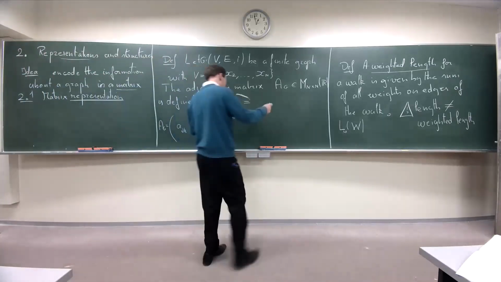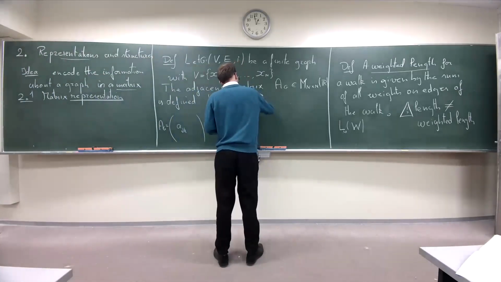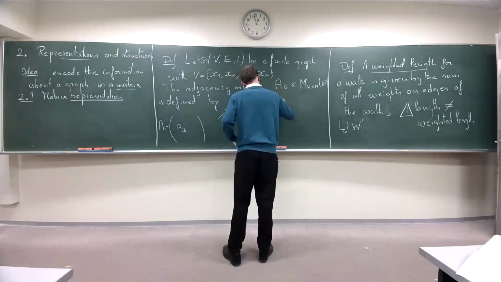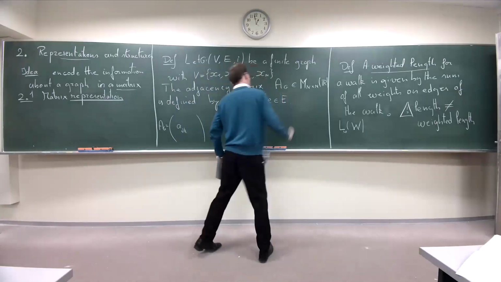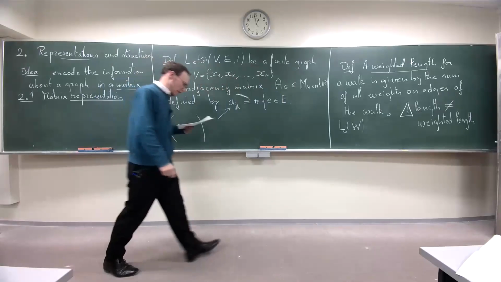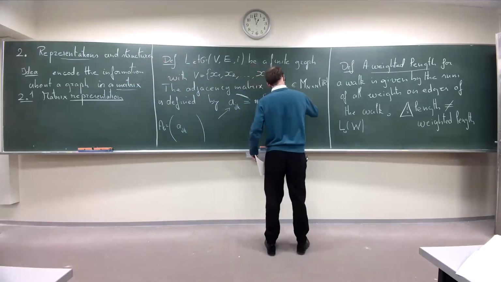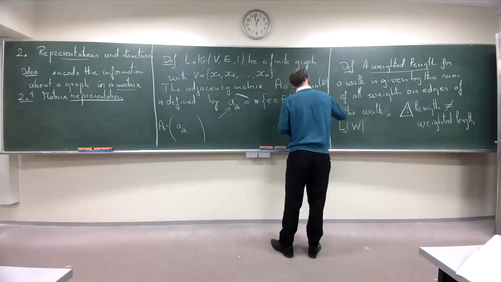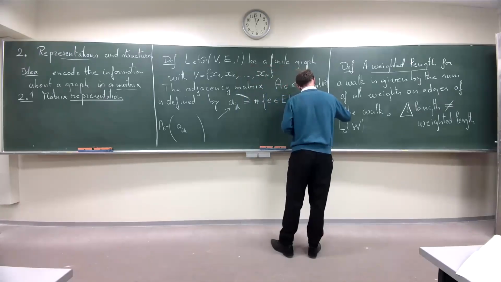What is the information? It is the number of edges in E with i of e equal to x_j, x_k.